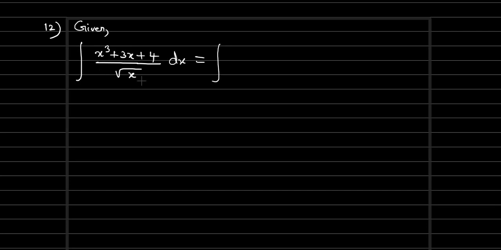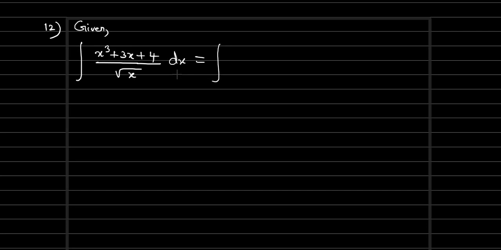See, directly we can't proceed with the integration. We need to do some simplification, and then only we will be able to proceed. So this is the general thing. We have standard formulas, right? We have a few standard formulas, that is the first video of this chapter.